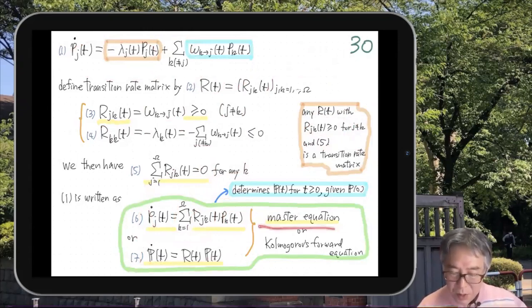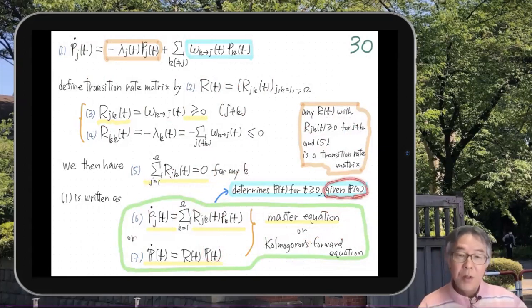This is called the master equation in the physics community, and in mathematics, it is called Kolmogorov's forward equation. But you rarely see this in the math literature because they usually use something called the backward equation. I'm not going to talk about the backward equation, but in mathematics, this is called a forward equation. Of course, this is an ODE determining P(t). So if you specify your initial condition, the initial probability distribution P(0), and solve this, then you get P(t) for any t. So this is the master equation.